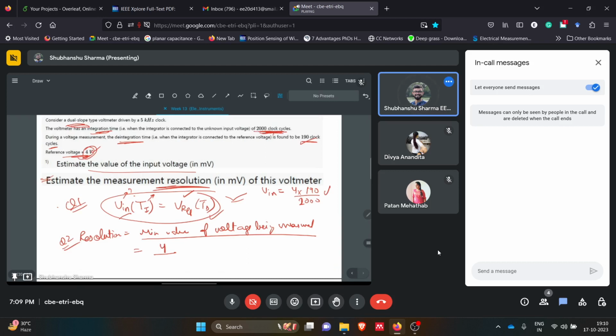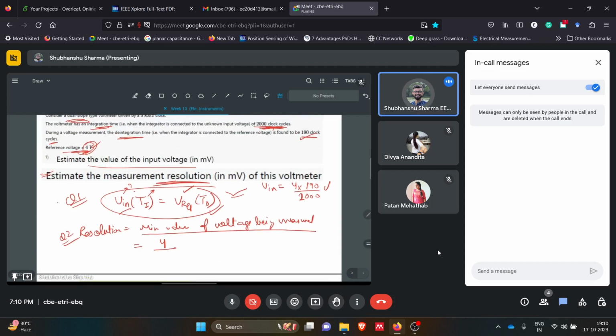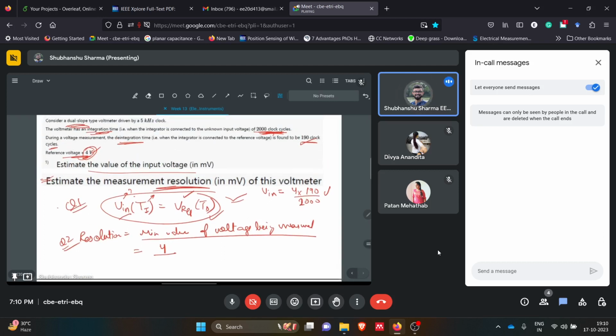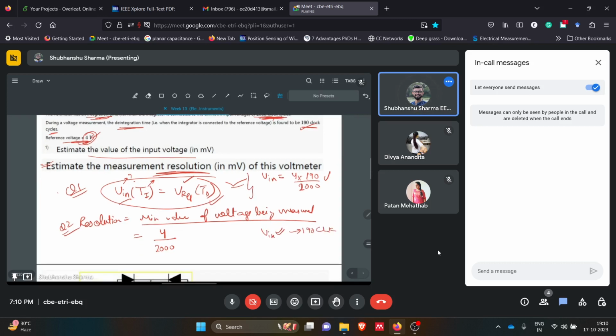And this is the number of clock cycles for integration time, which is 2000. So in the first part there was some input voltage, and it took 190 clock cycles for this measurement.